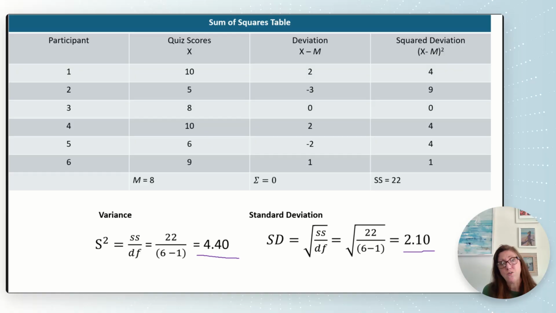Just saying that 2.10 is, relatively, a small value. But in the context of a quiz from 0 to 10 points, we're going to say that's pretty high variance, where a 2-point difference from the mean is pretty large considering the range. Okay, so that's just a little aside there, but that's how we go through computing our range, variance, and standard deviation for our quiz scores.